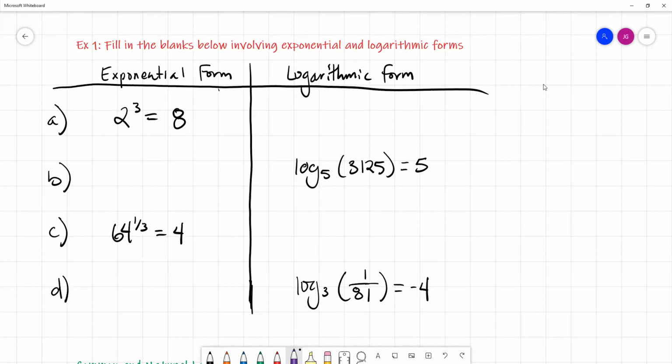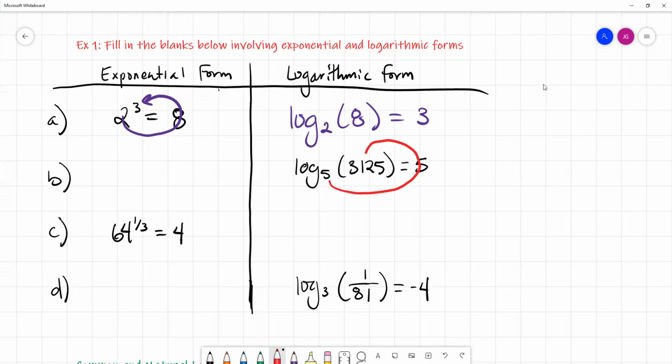Let's start with the first one. 2 to the third power is equal to 8. Okay, that's the circle trick. Log base 2 of 8 is equal to 3. Okay, not too bad, right? Not too terrible. Okay, part B, I'm going from log to exponent. 5 to the fifth power is equal to 3,125.